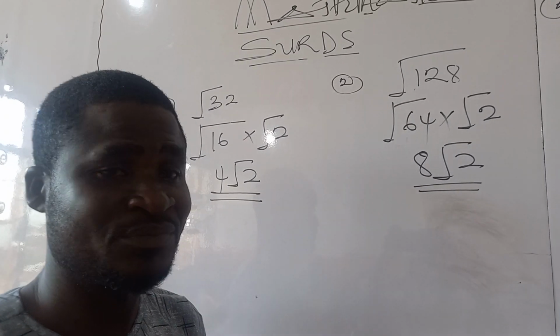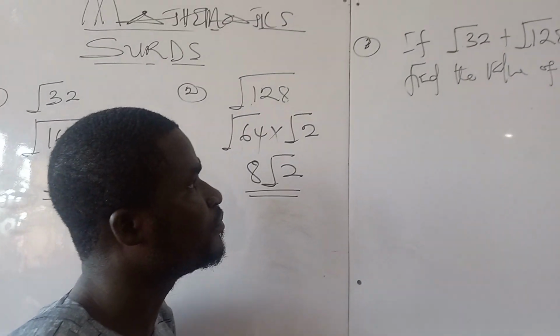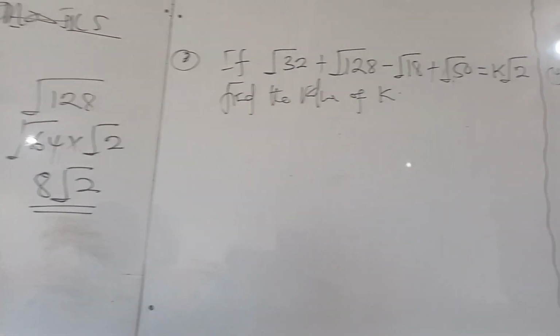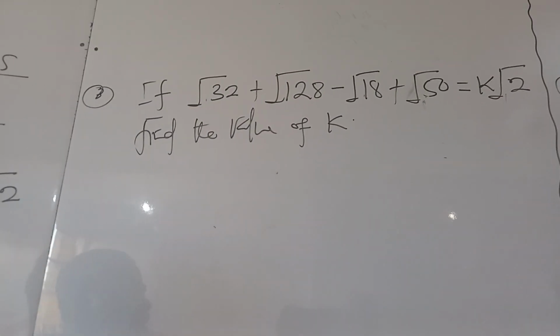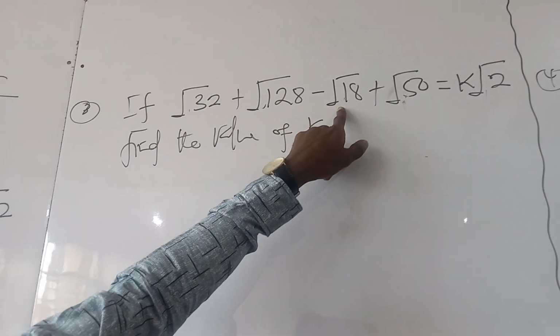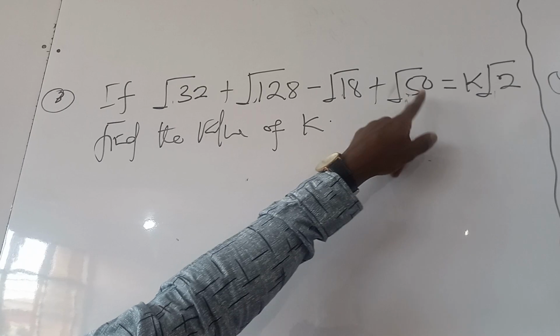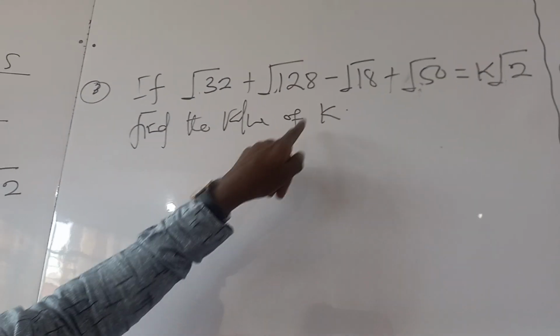It's very simple. Okay, let's look at the third example. The third example says: if root 32 plus root 128 minus root 18 plus root 50 equals k root 2, find the value of k.